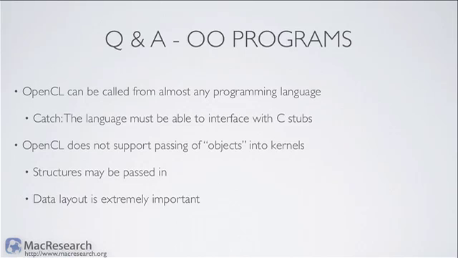So what does that really mean? It means that, for example, let's say you have an NSArray of NSNumbers using Objective-C. You can't pass in that NSArray and expect it to be utilized efficiently. Even if it could take it, it's not going to be utilized well because an NSNumber is a complex object and there are all sorts of little things. What you can do, however, is have routines that take all of the NSNumbers in an array, convert them to floats, and dump them into a regular intrinsically typed array that OpenCL would understand.